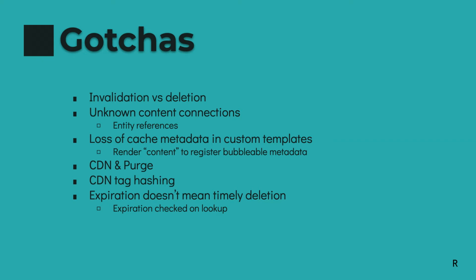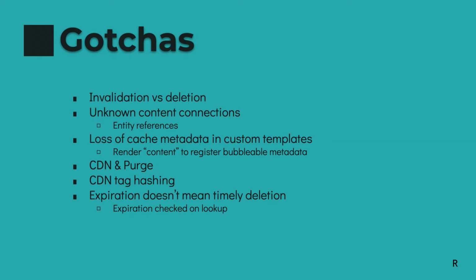But a common gotcha there is that if you're just pulling the field values out, you're going to lose this bubbleable metadata, like your cache keys and the other information that you have in there, like the library attachments and things like that. One way around that is to make sure that you render the content key within your templates, so it captures all of that stuff that isn't in a specific field you're going to look up.